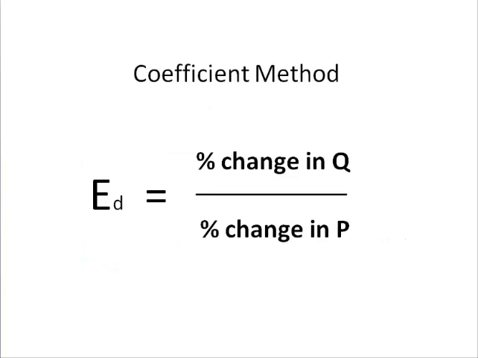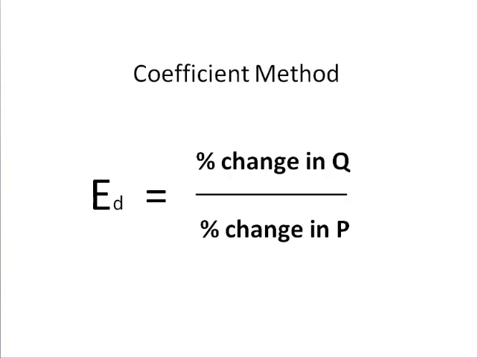Here's the formula for the coefficient. It says the percent change in Q divided by the percent change in P. Don't get too hung up on the mathematics here. Let's say, for example, that we had a 5% change in price, and in one instance we had a 10% decline in quantity.